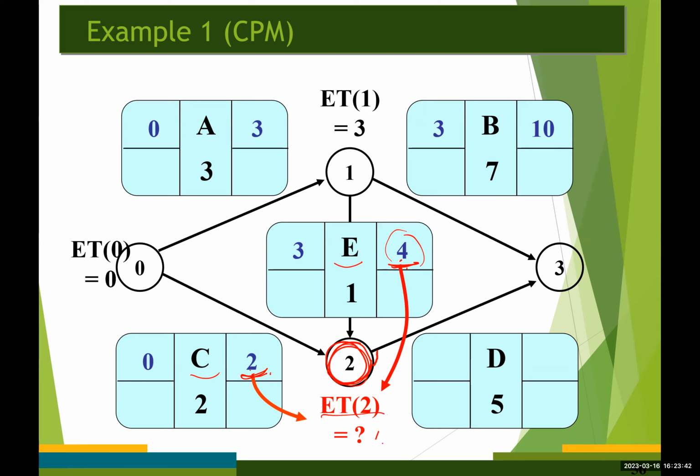So in this case, 4 will be chosen, right? Does that make sense? Okay, now let's move on. The earliest start time for activity D becomes 4, right? And the earliest finish time for activity D becomes 9. There, 4 plus 5 becomes 9 here.